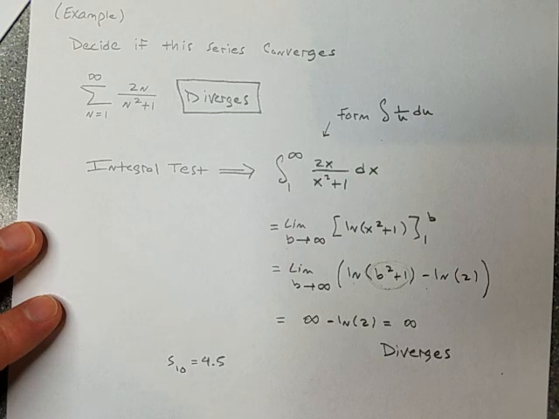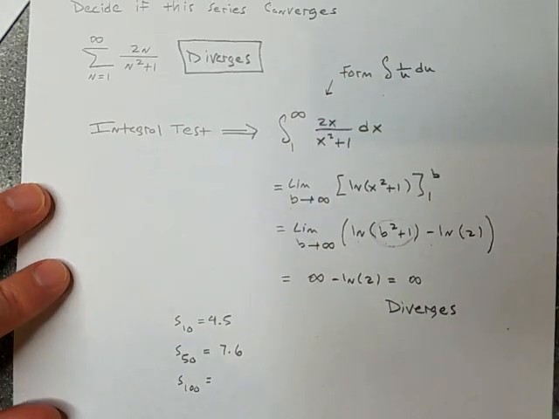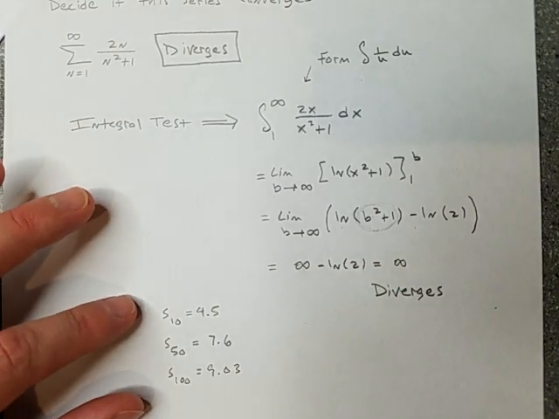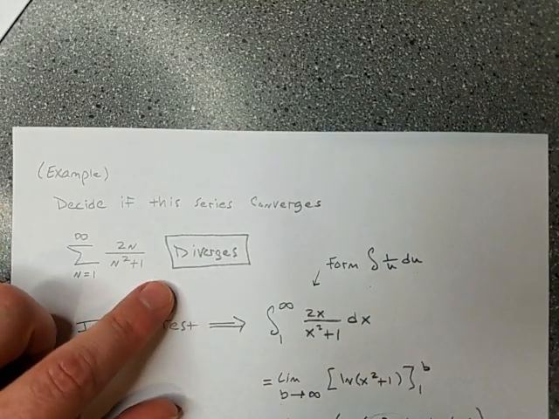The sum of the first 50 terms is about 7.6. And then the sum of the first 100 terms of this series right here turns out to be about 9.03.